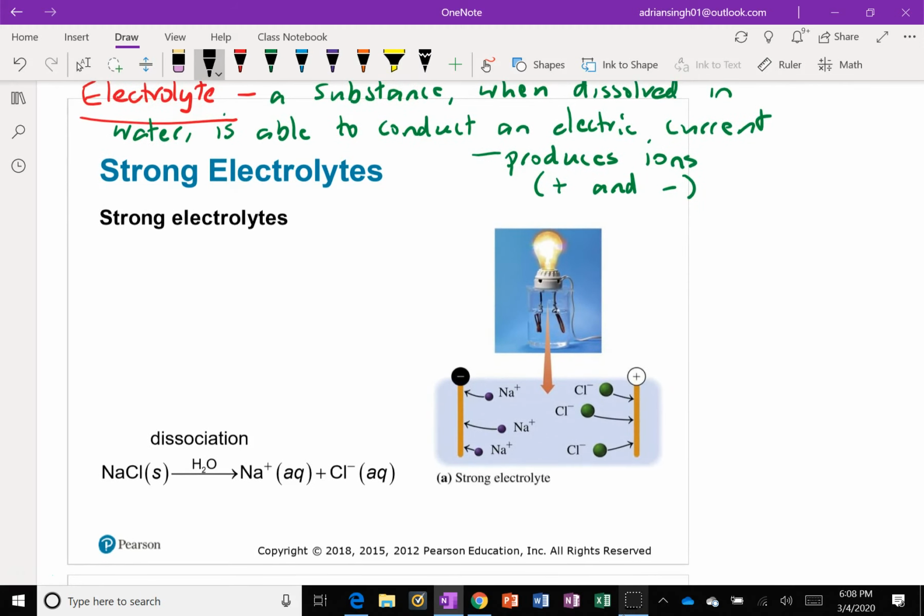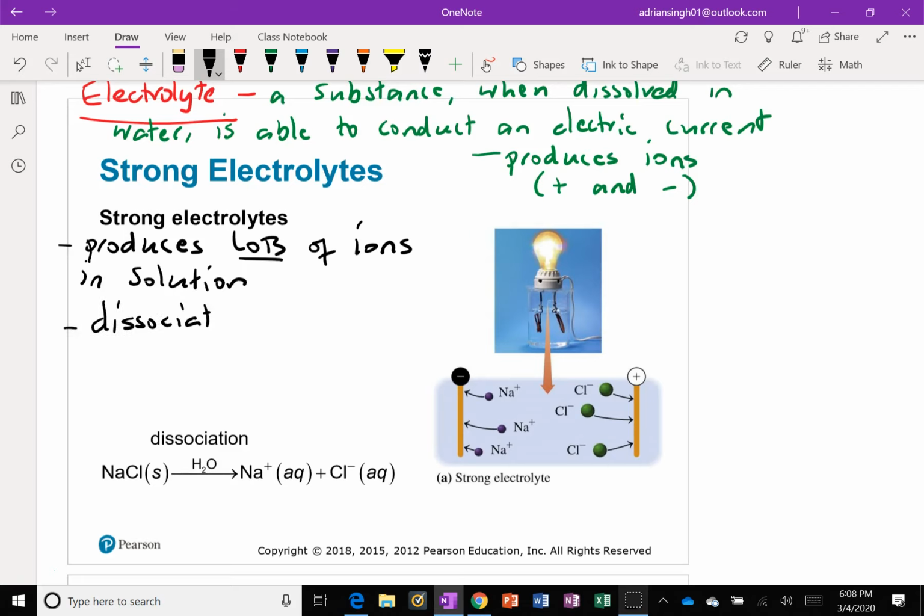So a strong electrolyte would be a substance that produces lots of ions in solution. And in order to do that, this would suggest that it dissociates, okay, again, just a fancy word for breaks apart, completely.